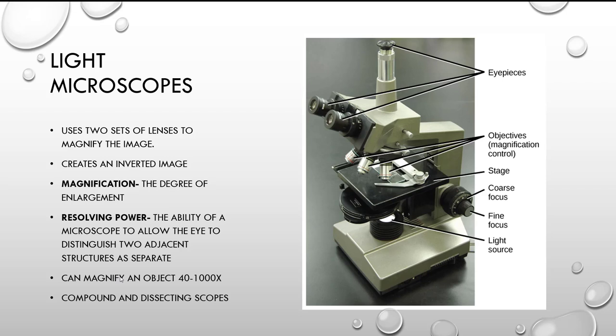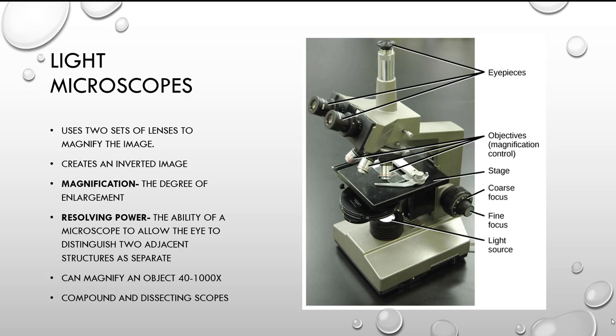So this is something that is important because if we are looking at an object under the microscope and it becomes too enlarged, then we suddenly can't see two things as separate. Okay, so we have to make sure that everything is focused correctly.